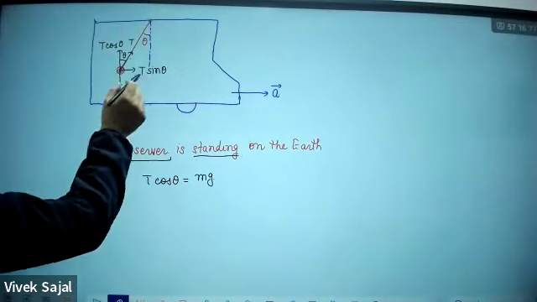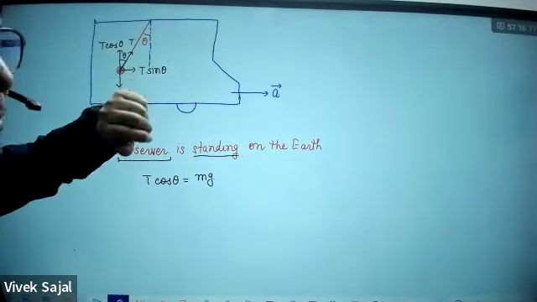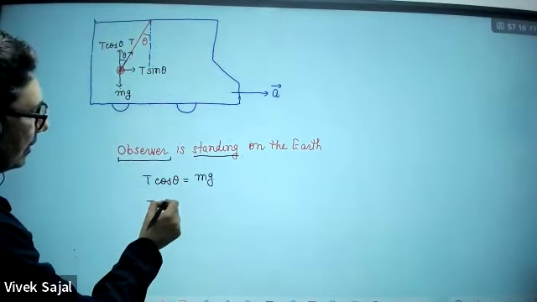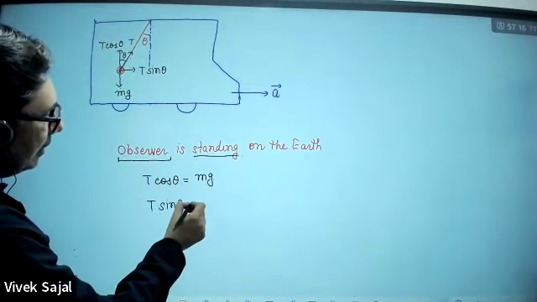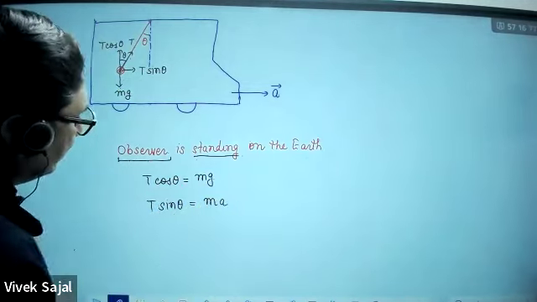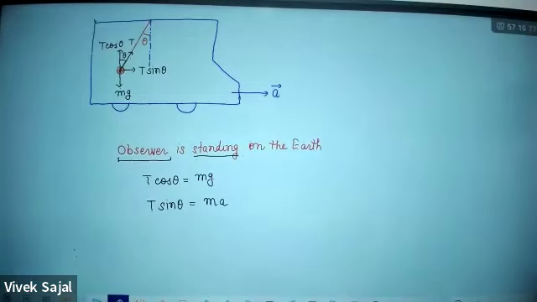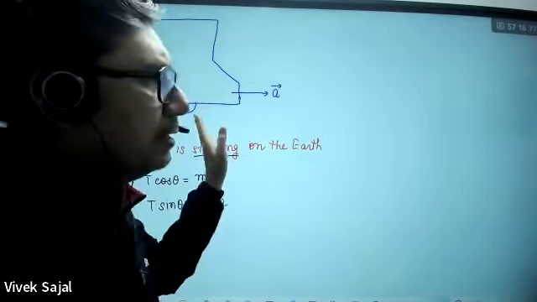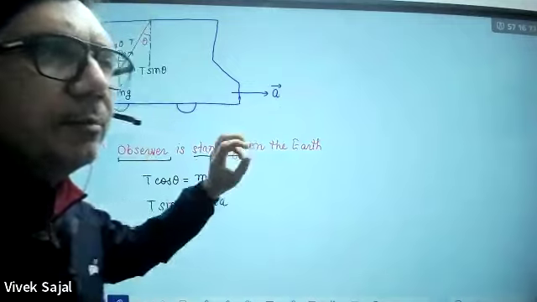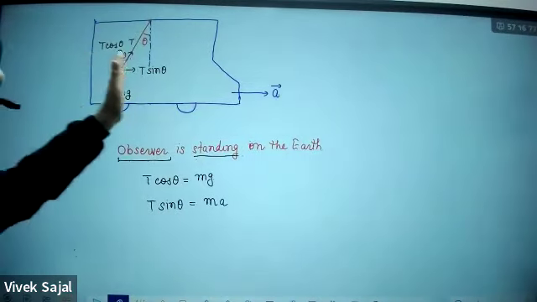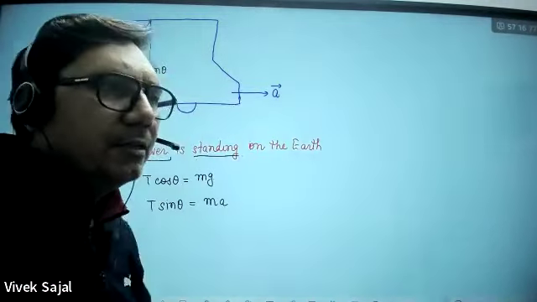Second, this T sin theta is an unbalanced force, and it will cause an acceleration in the forward direction, and the acceleration will be a. So he will explain like this. Because this bob is also moving with the same acceleration, as it is attached to the bus, it will continuously move in the forward direction with the same acceleration.